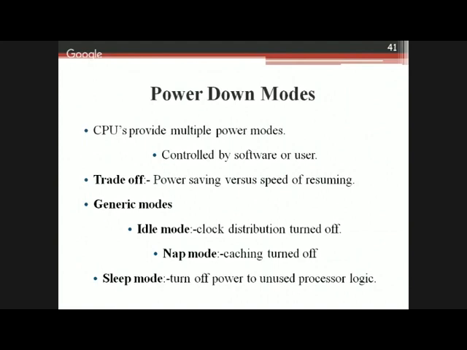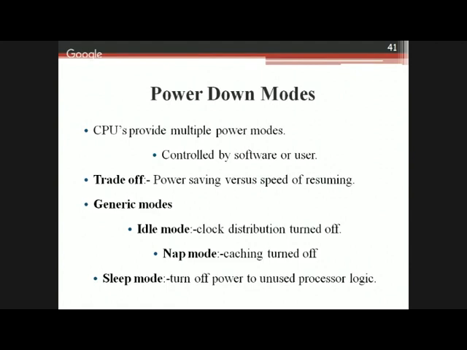I've already told you these power down modes are basically controlled by the software or the user. CPUs can provide multiple power modes, but I'm discussing three generic modes with you. There is idle mode, where the clock distribution is turned off.